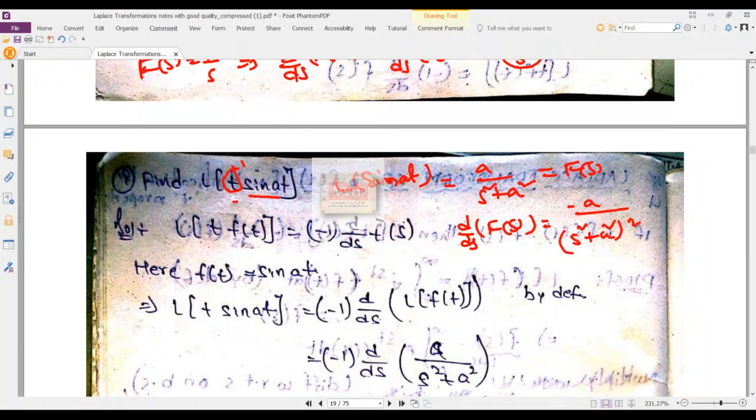So I need to differentiate again d by ds of s square plus a square. What happened to this value? This value is 2s, a is 0. So minus 2as by s square plus a square whole square. So that's what we are going to get here.